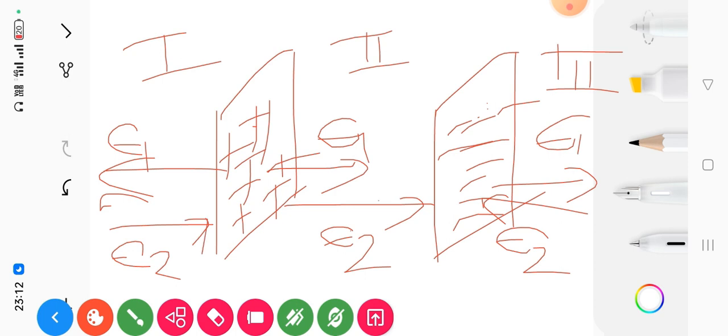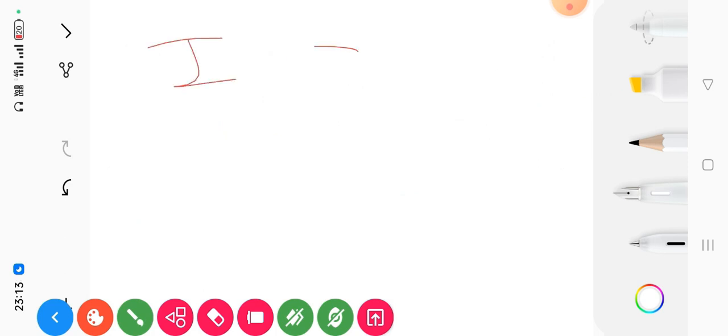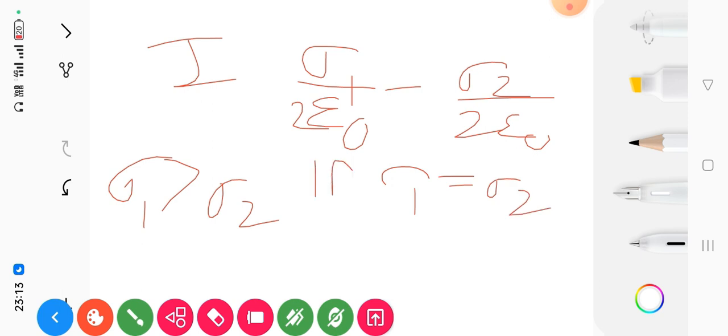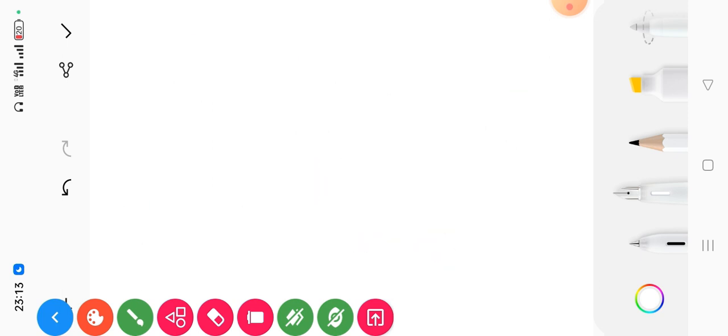So for the first region, this will be subtraction, sigma 1 upon 2 epsilon naught minus sigma 2 upon 2 epsilon naught. Obviously again taking sigma 1 greater than sigma 2. If sigma 1 and sigma 2 are equal, then it will be 0. For the third region, the condition is the same.